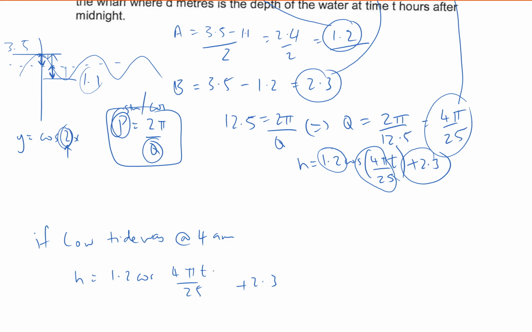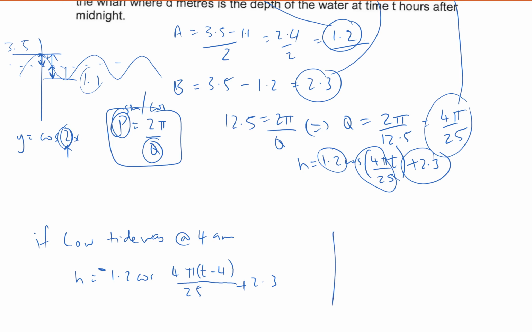So I want to move to the right, so I'm going to go t minus 4, so that would match up to low tide, and then I'm going to make it a negative so it matches up with low tide.